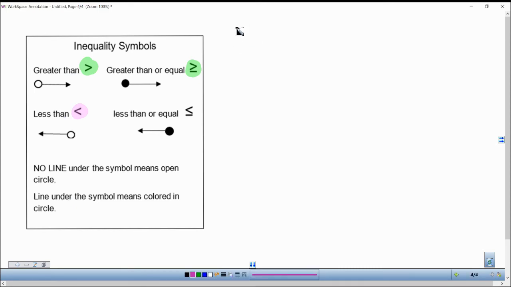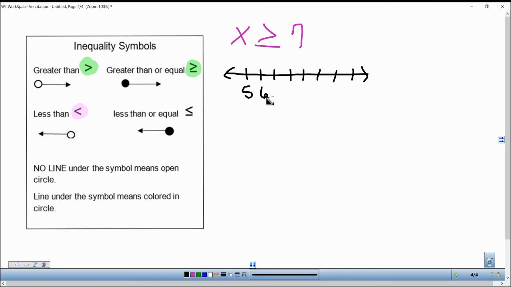Let's just say I want you to graph x is greater than or equal to 7. You would have a number line. Actually, you would probably have several number lines on your test to pick from. Okay, and so what we would want to look for, one, we have the line under there.